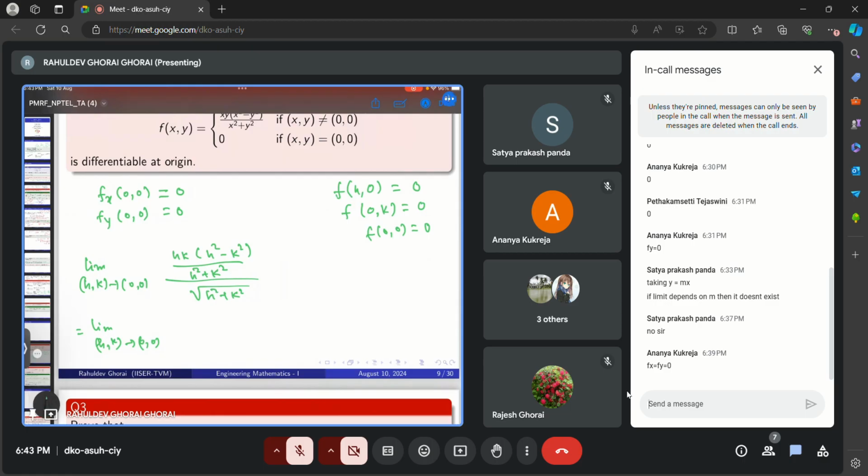So hk times h square minus k square, what you can write, right? Over h square plus k square times square root of h square plus k square, right? So now what you see, this quantity h square minus k square over h square plus k square, one can write as less than or equal to 1, that you can show, right?